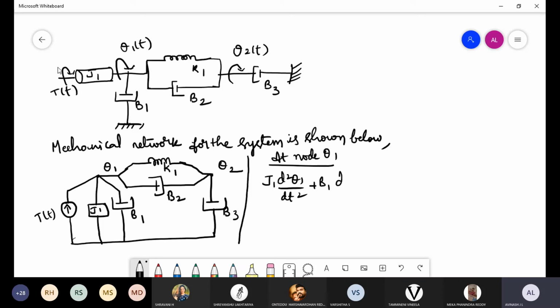B1 into d by dt of theta 1, plus from theta 1 to theta 2 there are two terms: K1 into theta 1 minus theta 2 plus B2 into d by dt of theta 1 minus theta 2, that is equal to T of t.